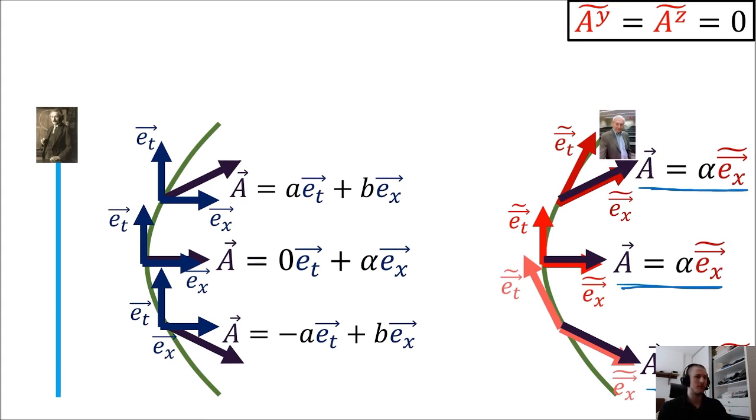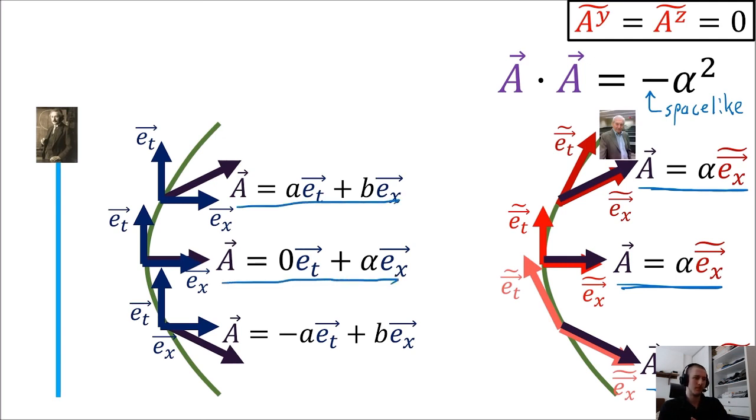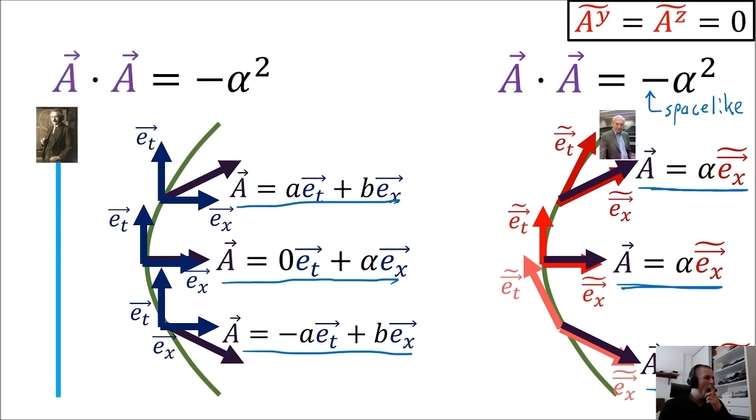This means that a dot a equals negative alpha squared, where the negative sign means that a is a space-like vector. Even if the stationary observer Einstein sees the components of Rindler's 4 acceleration vector to be constantly changing, he will still agree that a dot a equals negative alpha squared for Rindler's 4 acceleration vector, because the dot product of 4 vectors is invariant and agreed upon by all observers, regardless of the reference frame.